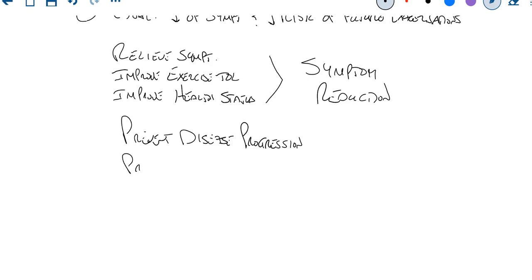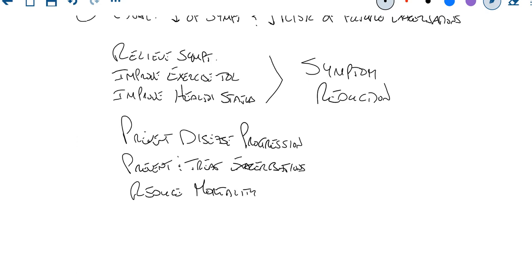We want to also prevent and treat exacerbations. And then we want to reduce mortality. So these three are examples of risk reduction with COPD. So again, if you see that in the future on a quiz or a test, there you go.